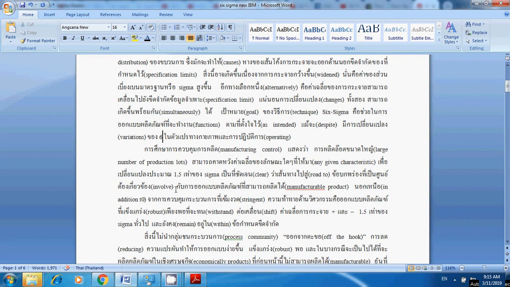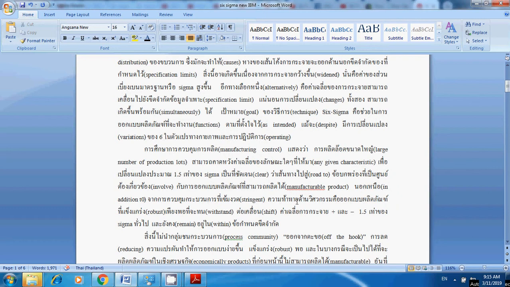It is clear that the road to zero defects must involve product design that is manufacturable, in addition to controlling the process by stringent process control.